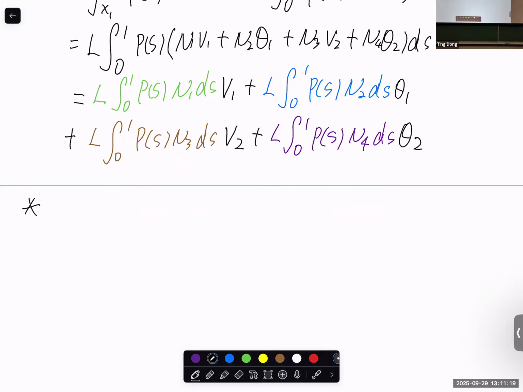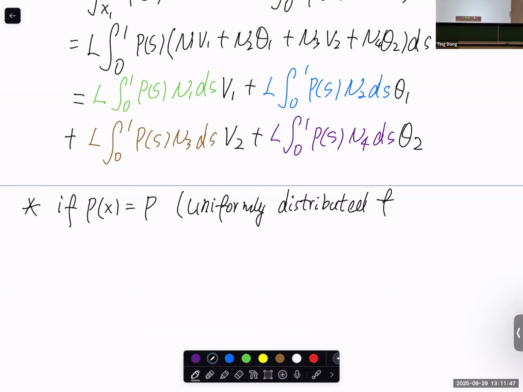So in this special situation, Px or PS, doesn't matter, equal to P. It basically represents a uniform distributed force. And let's try to find the equivalent nodal force.